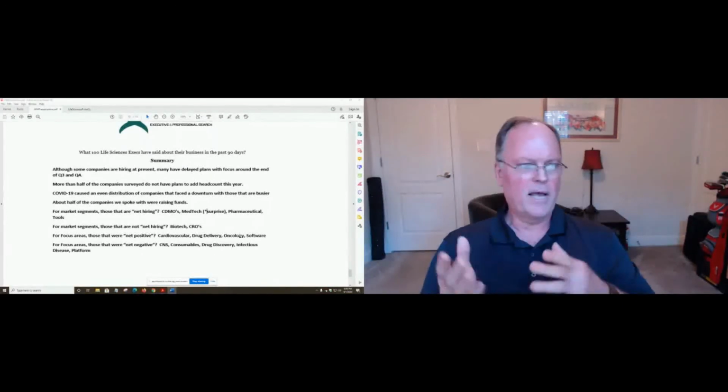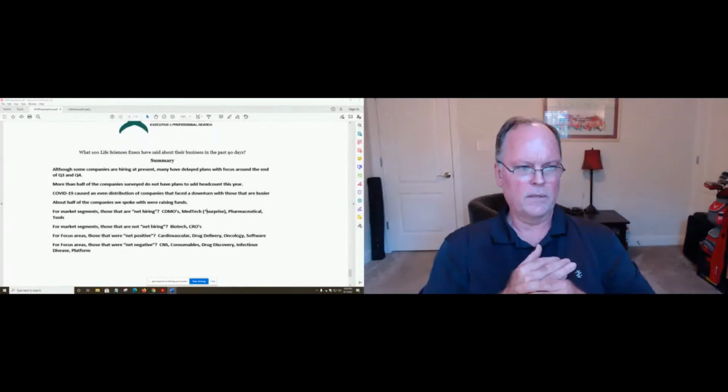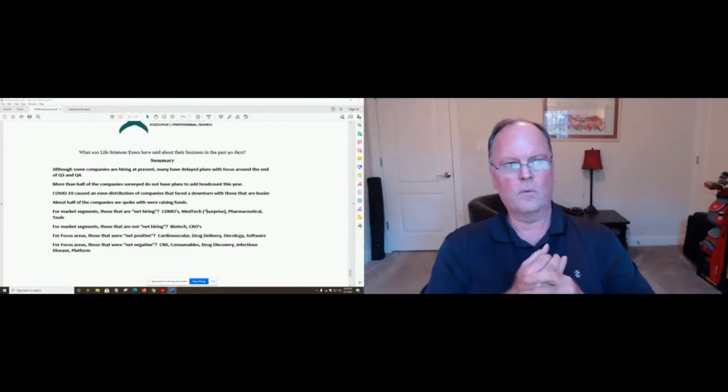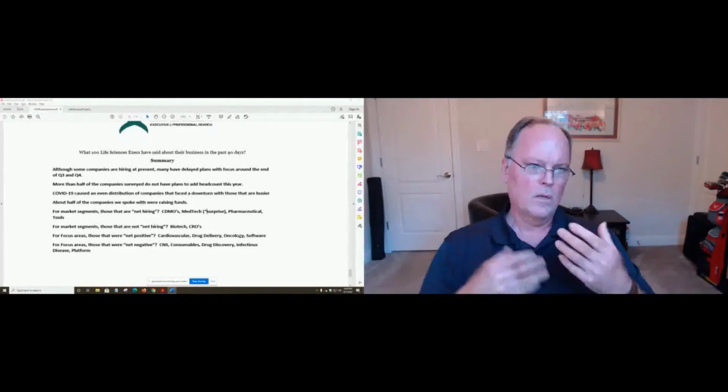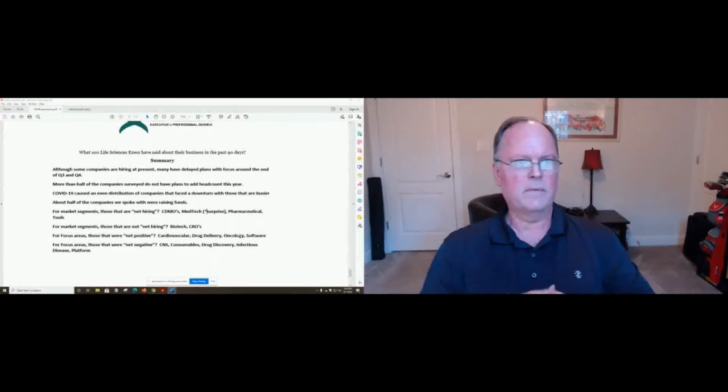And then finally, the platform side was a bit on the negative as well. So those are the trends that we took away from the people that we talk with, again, a relatively small data set in the bigger picture of things, but a meaningful one because of the levels of the people that we spoke with.